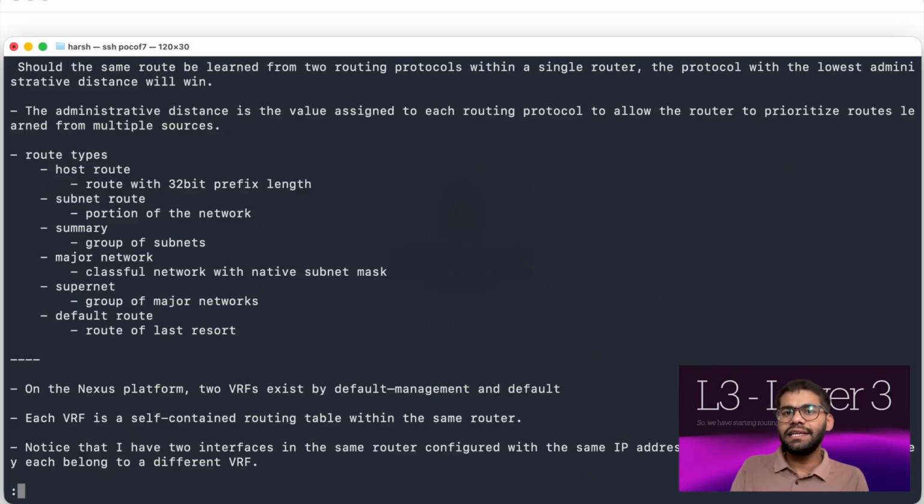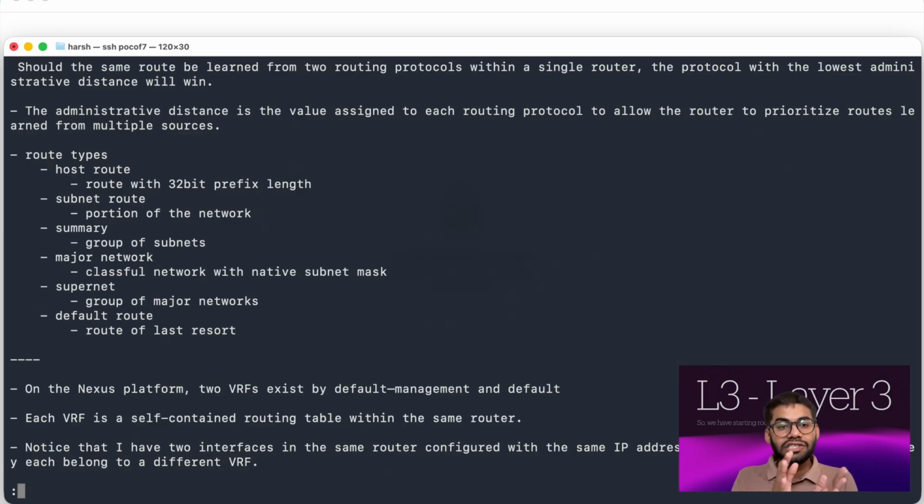If the range is limited to, for example, a /30, it will be limited to two IPs, of which one is assigned to this link and the other to that link. So if an IP has a 32-bit prefix mask and is determined to a single device, then it's a host route.